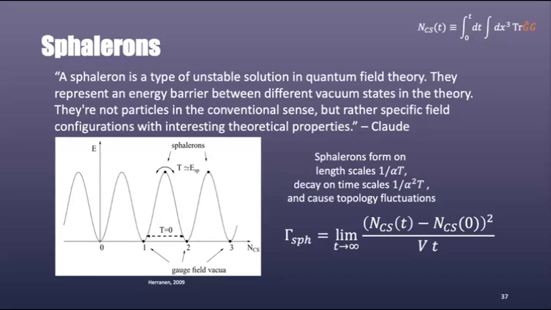And the length scale at which these sphalerons form is 1 over alpha T, and then the decay scale is alpha squared T. And from this we can define something which is called the Sphaleron rate, which has been of great interest in various different contexts. What this quantity basically is, you could ask, if you have finite topology, how fast does it diffuse?